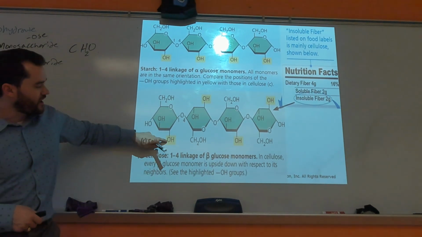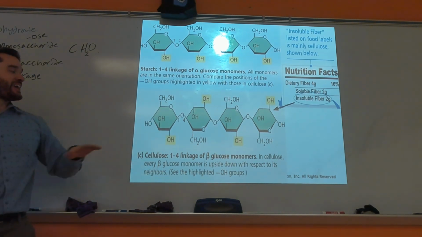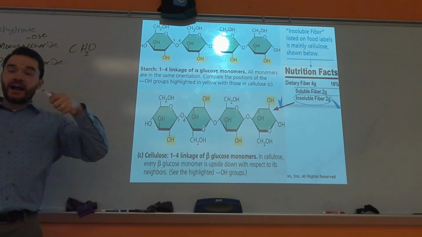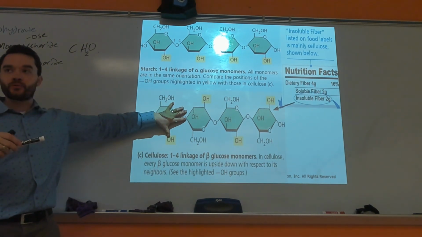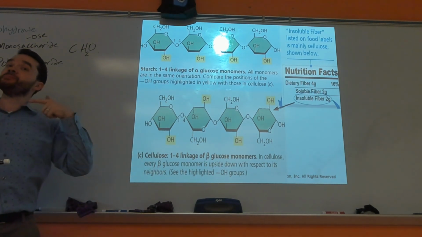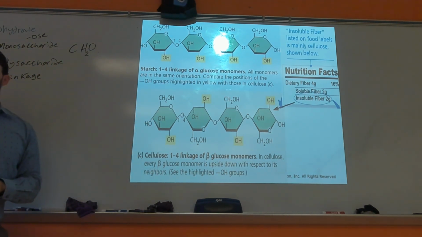Because these hydroxyl groups are located like this, our enzymes can't, it doesn't fit. Again, back to the cap on the marker, the enzymes cannot wrap around this and break it down. But mice have the enzyme where they can break down the cellulose, and that's why they can just eat a tree and still get the energy out of it.